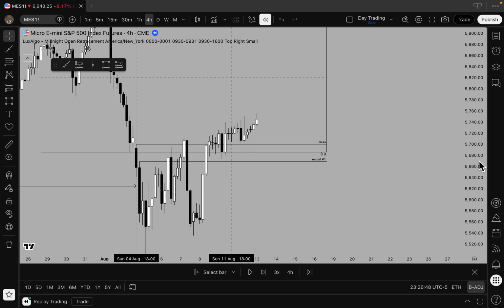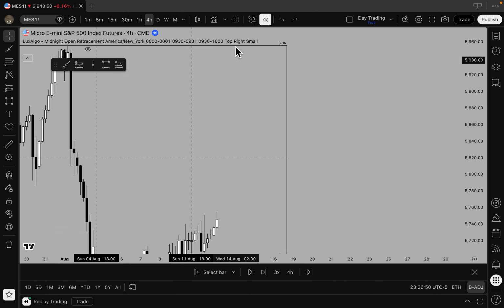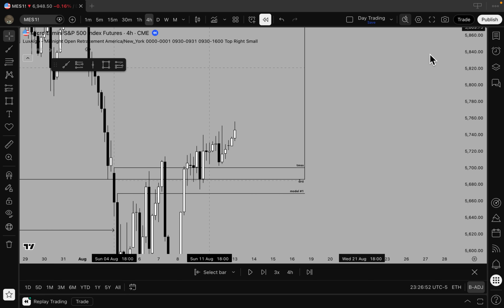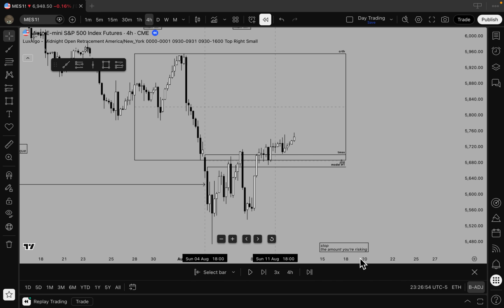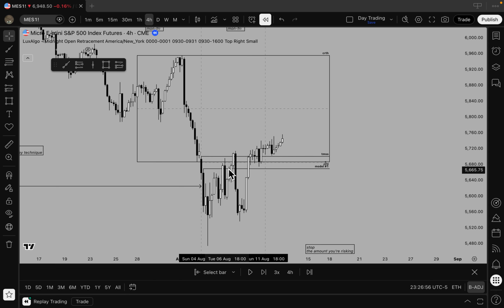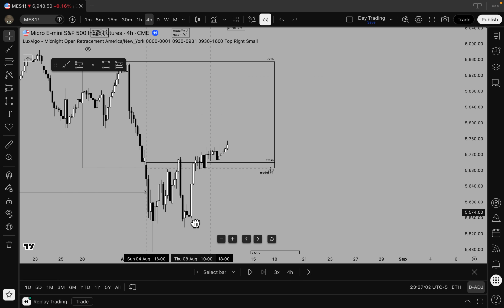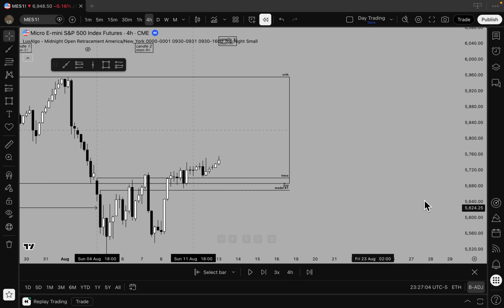We want to go up. Price wants to go up to this opposing side because of this sweep of liquidity, Model 1, true market structure shift, and we close inside the range, and the SMT. You want all these things to be present in all of your trades.